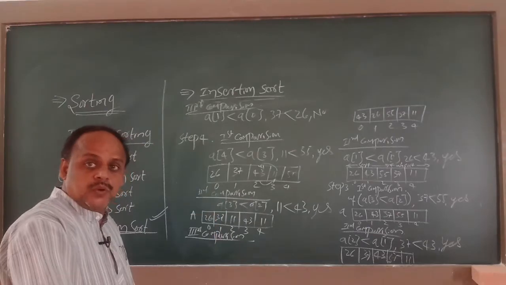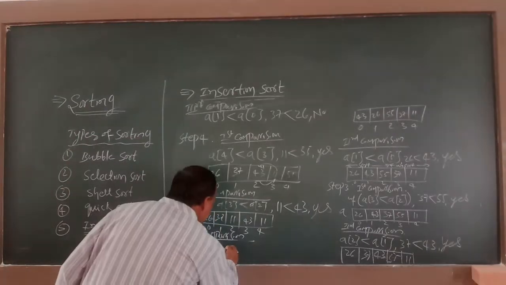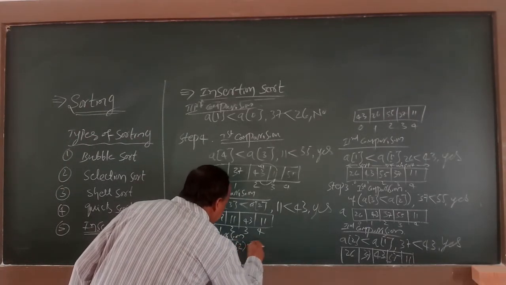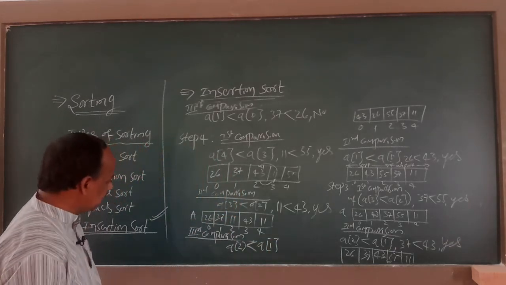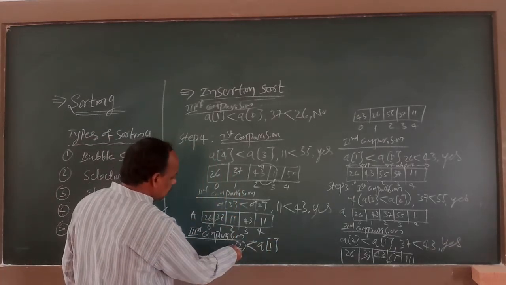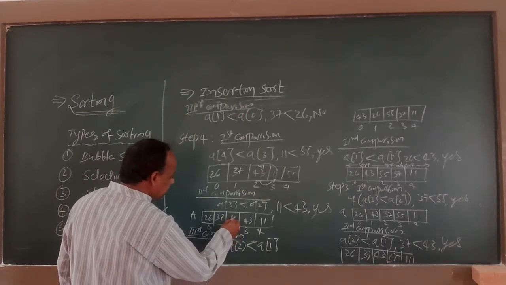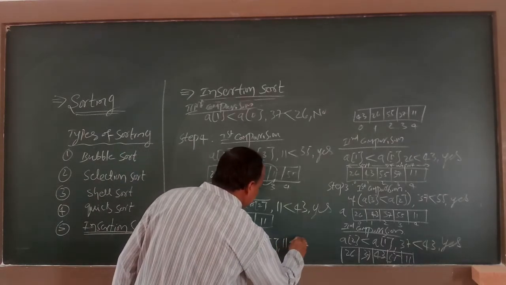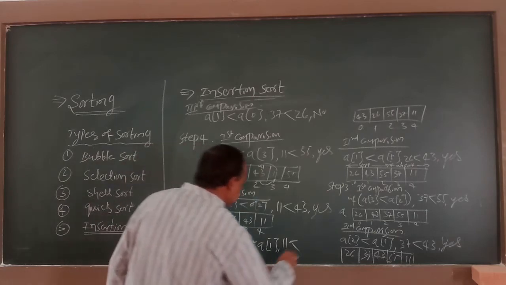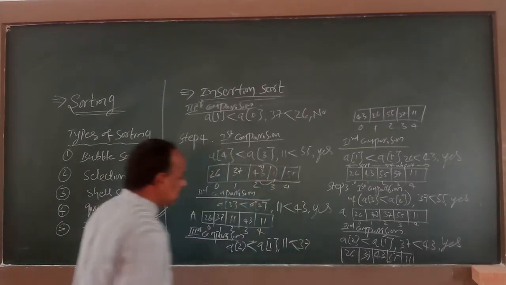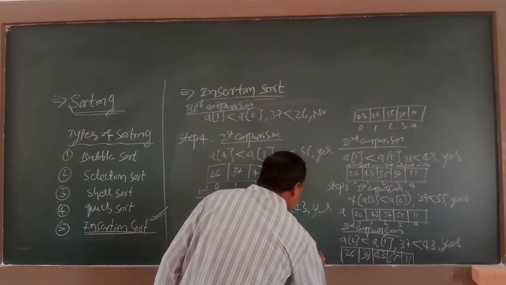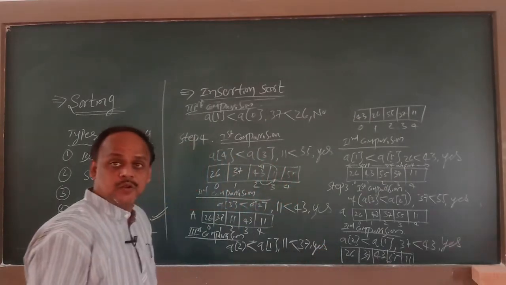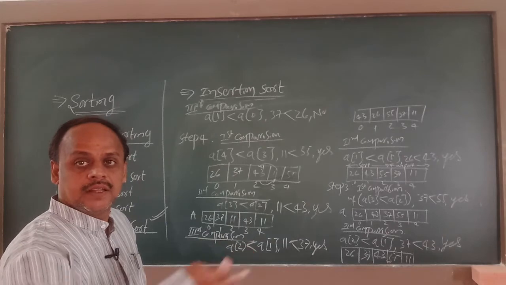Take previous positions, A of 3 and A of 2 is over. Now take A of 2 and A of 1, that is A of 2 is less than A of 1. A of 2 means 11. 11 is less than 37. Yes. Yes means we have to interchange the elements.